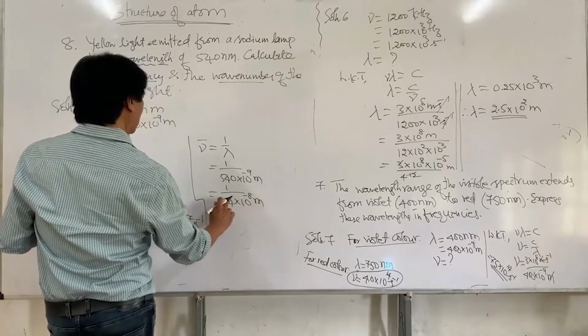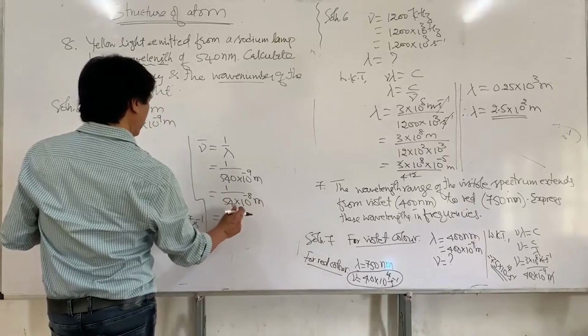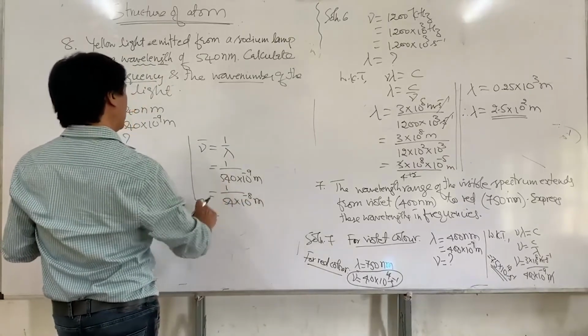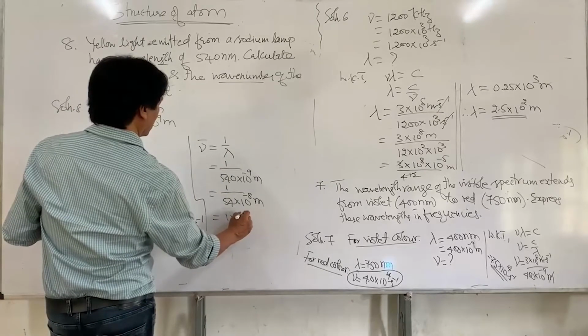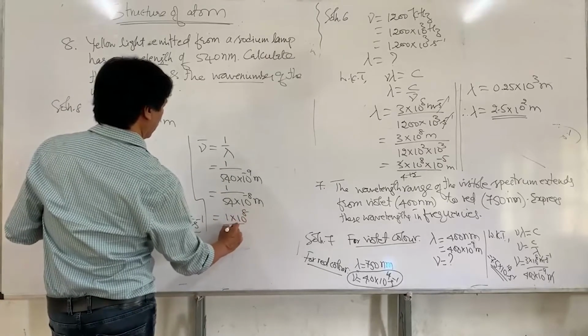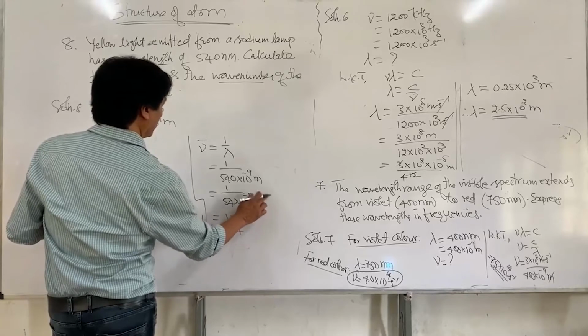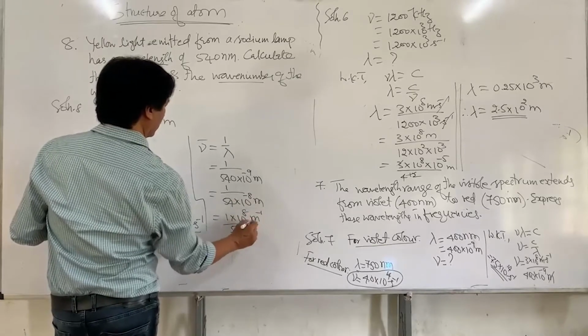So it's finally 1 divided by 54 into 10 raised to the power -8, so it becomes 10 raised to the power +8 by 54. This meter, when you take it to the top, becomes per meter.